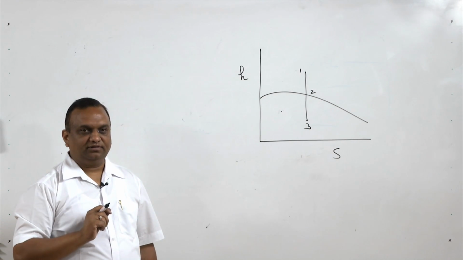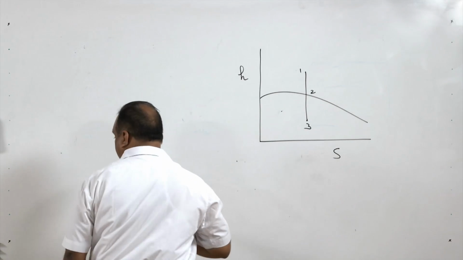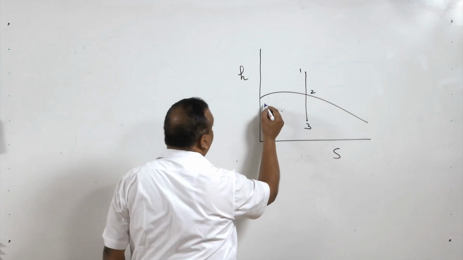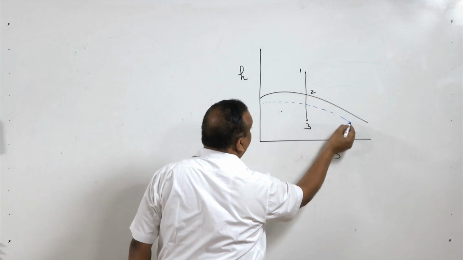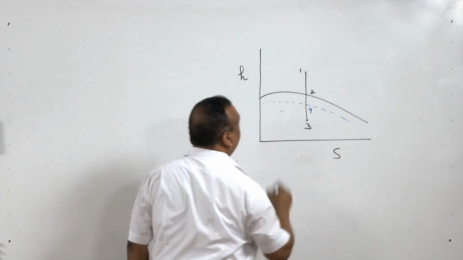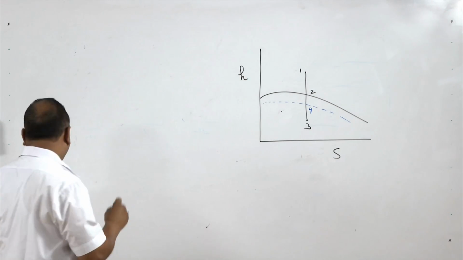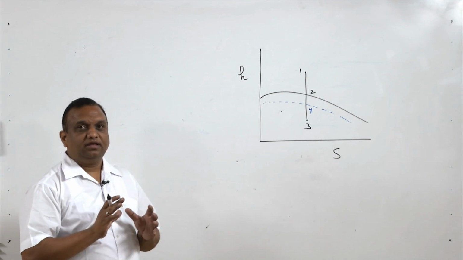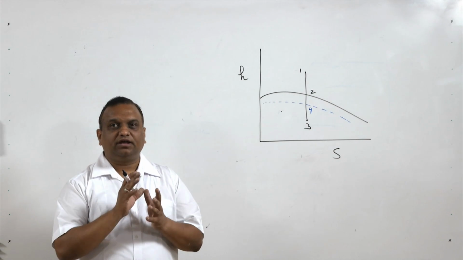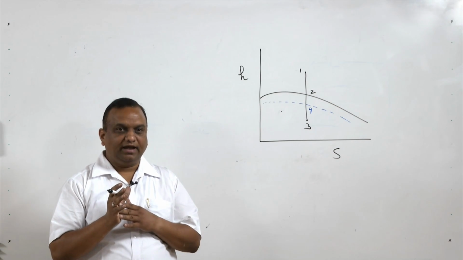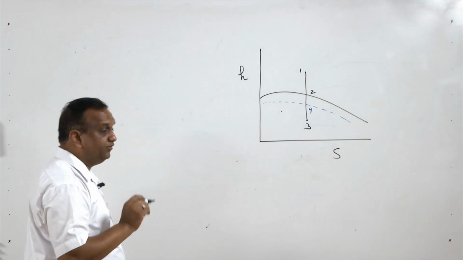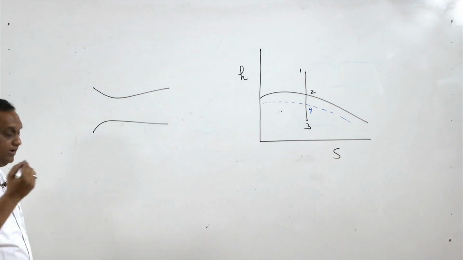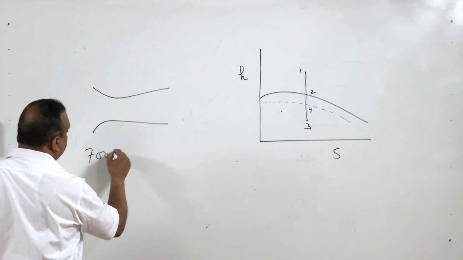But this does not happen. There is a lag, and condensation starts after further expansion up to state 4, let us say. Why does this happen? It happens because condensation is a process which cannot occur spontaneously. The velocities are of the order of, let us say, 700 meter per second.